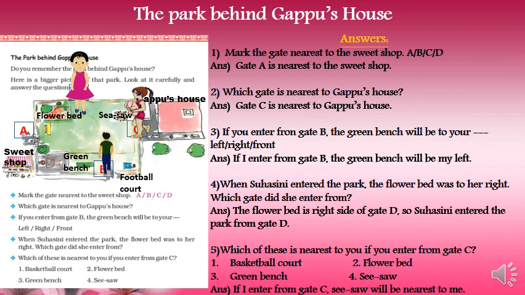Here we have the basketball court, green bench, flower bed and seesaw. Observe the picture and say it. Yes, the seesaw is nearest to you. If you enter from gate C, the seesaw will be nearest to you. Very good, children. Let us move to the next one.